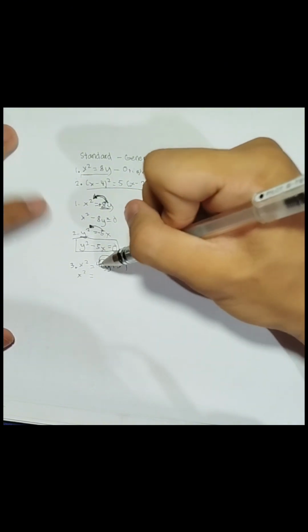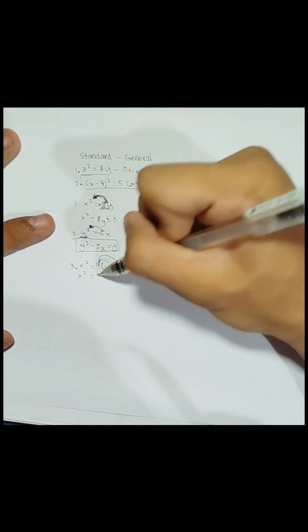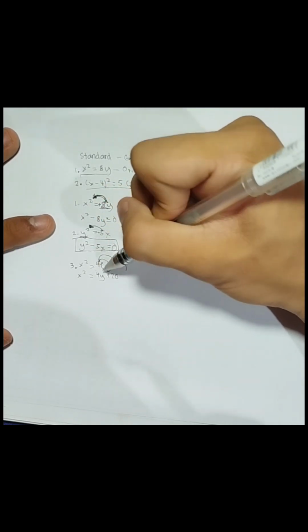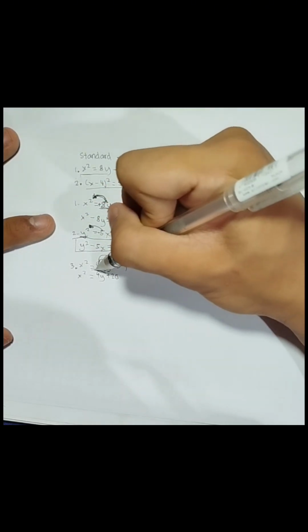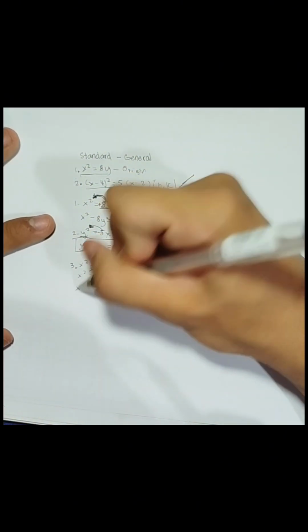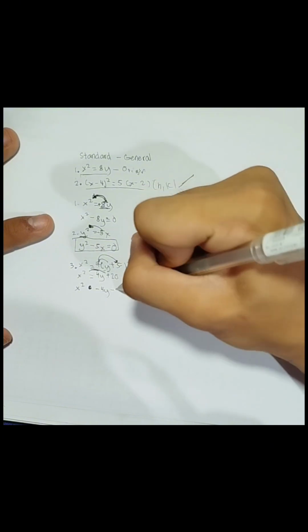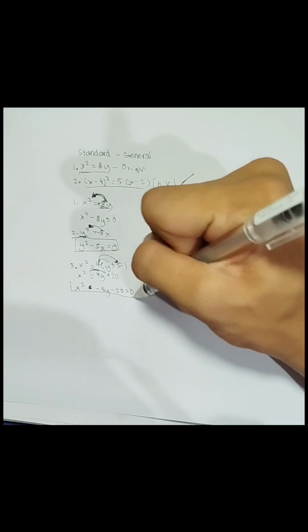Now 4 times y is 4y, and 4 times positive 5 is 20. Next, to equal everything to 0, all you have to do is transpose everything to the other side. So x squared minus 4y minus 20 equals 0. And that is the final answer.